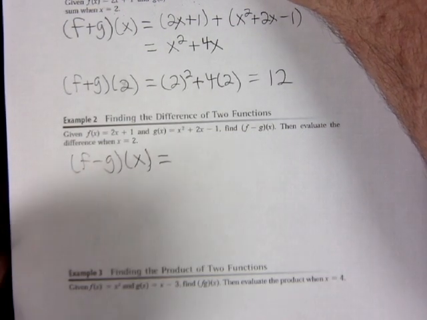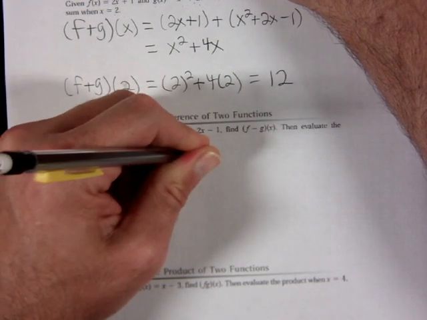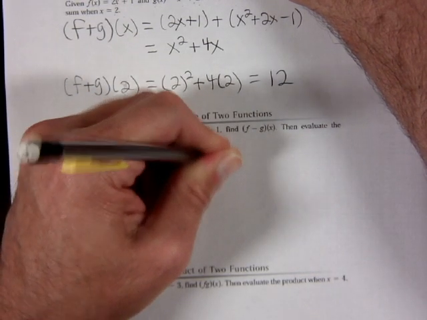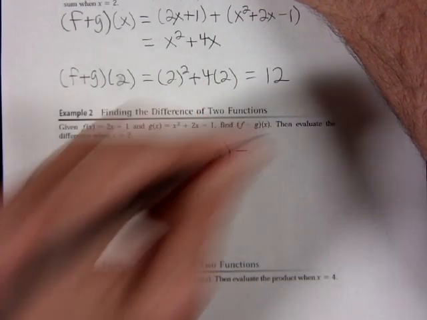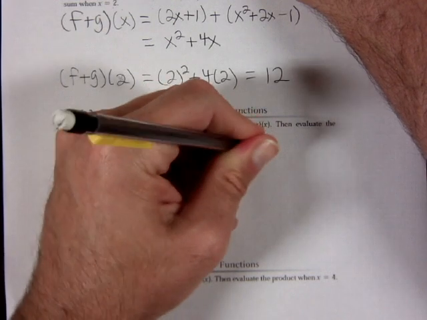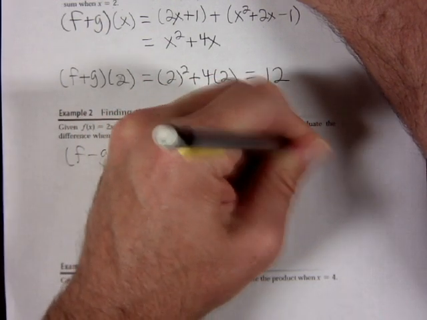So that's going to be f of x, which is 2x plus 1. And then that's going to be minus g of x, which is x squared plus 2x minus 1.